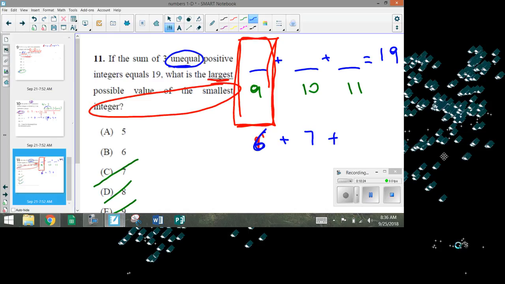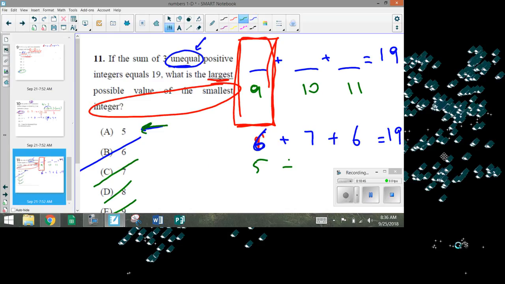What is left over for 19? 6 plus 7 is equal to 13. 13 plus 6 is equal to 19. But is that possible? No. Because it has to be unequal. Didn't work.